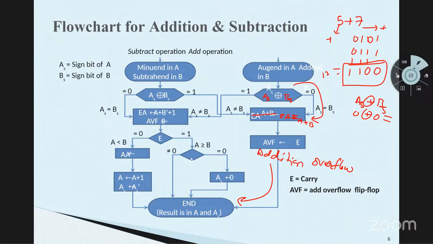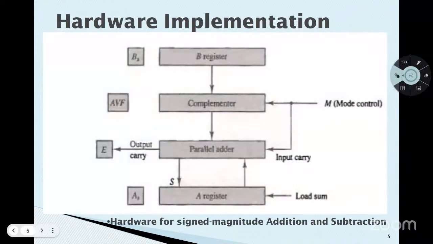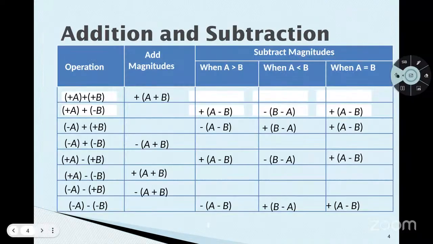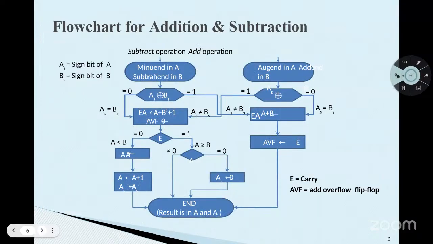Is it clear? So subtraction is over and addition is over. This can be applied to all operations, 1, 2, 3, 4, 5, 6, 7, 8. All 8 different operations can be performed using this algorithm.